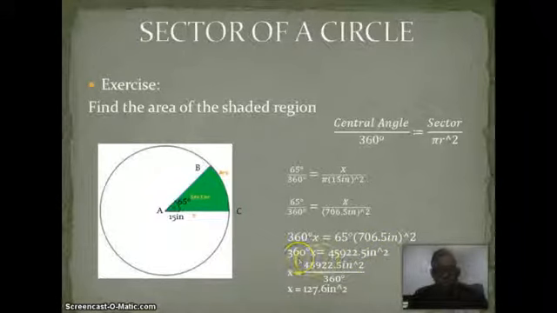Divide both sides by 360. So x equals 45922.5 inch squared divided by 360. So x equals 127.6 inch squared. We have to keep this unit because we are looking for the area, and for any unit in the area we always have the square. So that's it, guys. Thank you and have a good day.